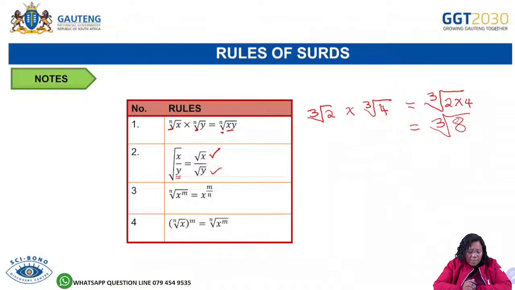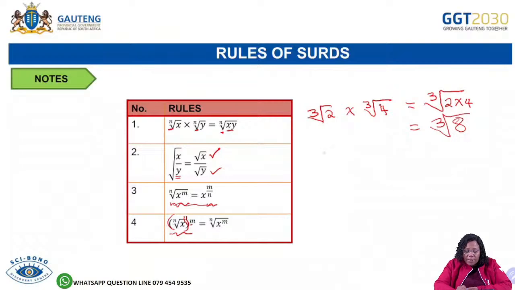And then rule number 3, we talked about this when we were talking about exponential rules, that you can change your surds into exponential notation. That is exactly that. I've already elaborated on that one. And then this one here states that if you are having the nth root of x, in a closed bracket with exponent n, you can bring this exponent in.